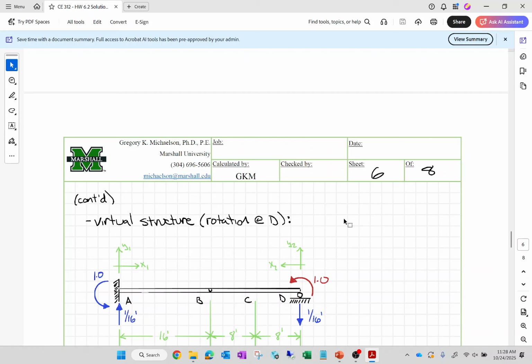So if I cut a section, look to the right. I'm looking to the right because I'm interested in dy. All right, so let's cut a section.